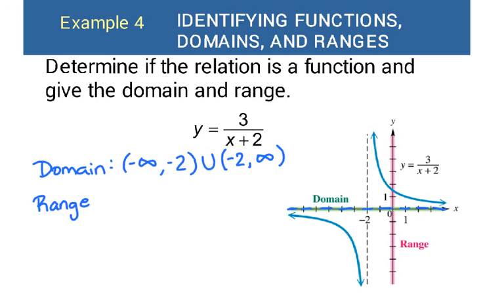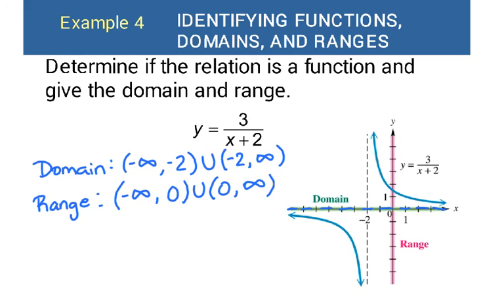So y equal to 0 is not in our range, but it does go on forever in the negative infinity direction, and then goes to 0, but 0 is not included. And we start back up at 0 and go to infinity.